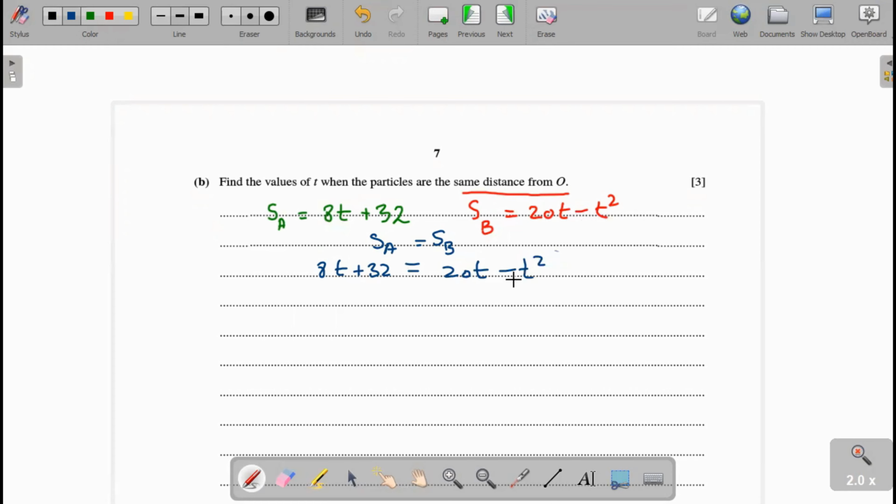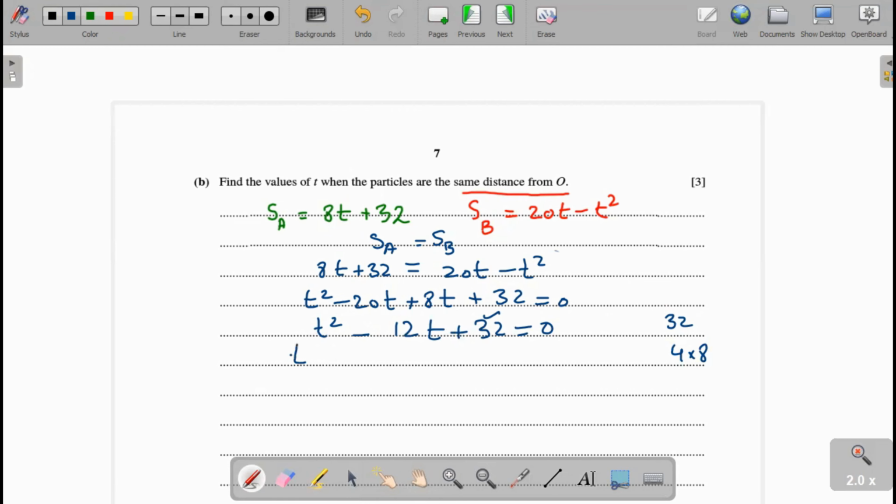Now we shift all values from right to left side. We get t square minus 20t plus 8t plus 32 equal to 0. Now it becomes t square minus 12t plus 32 equal to 0, and we factorize this expression. Now make a factor of 32: 4 times 8 is 32.